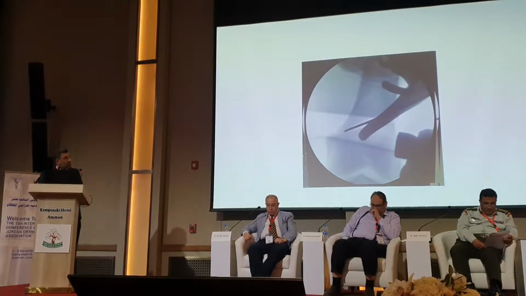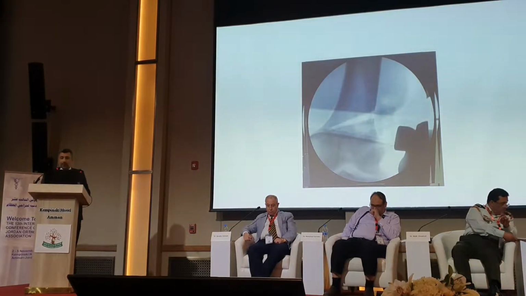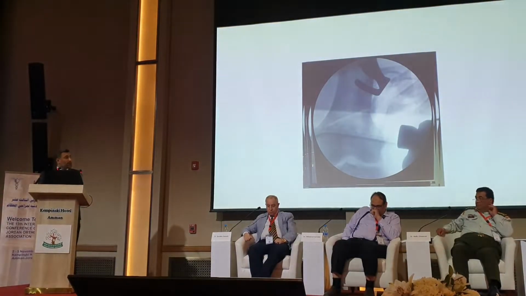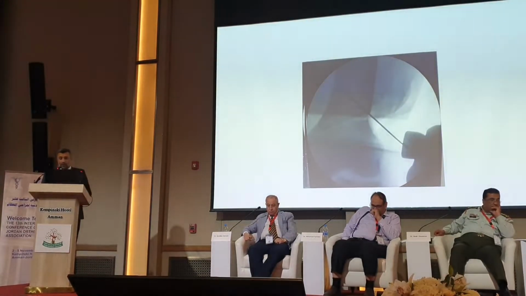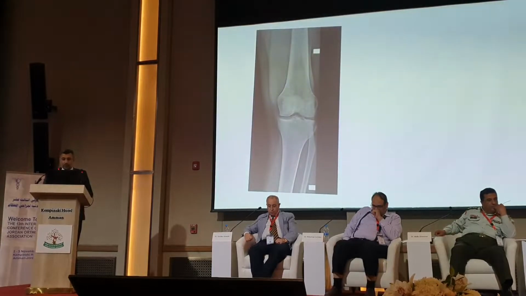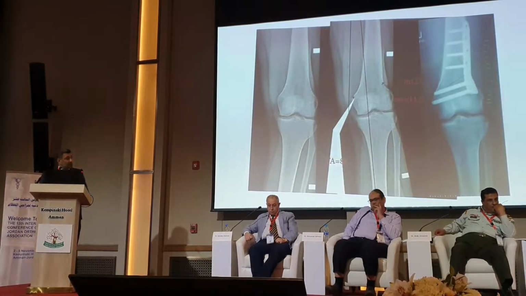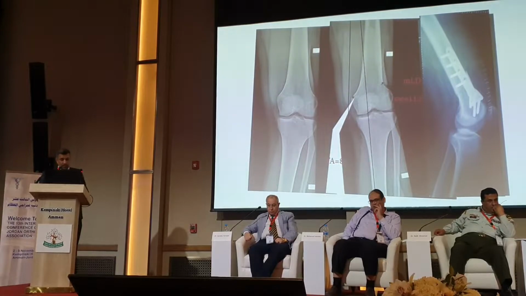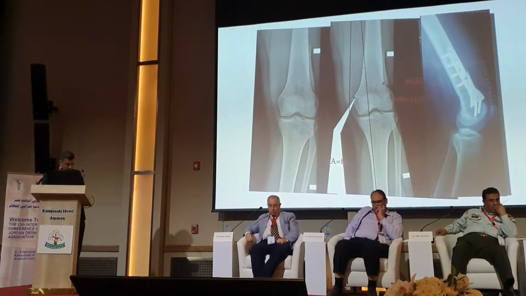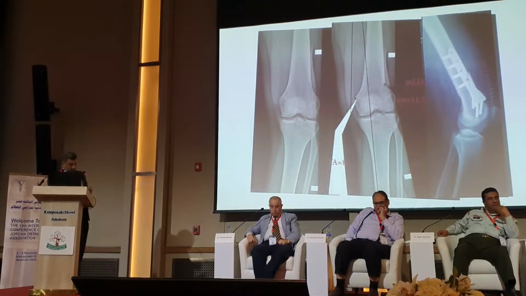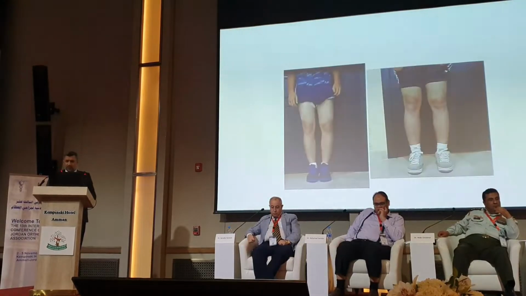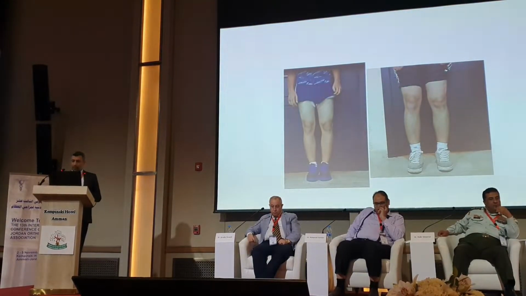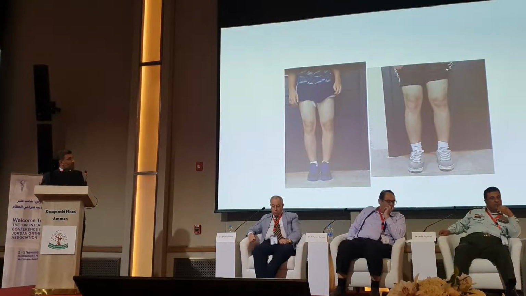If it is thick, you can weaken it by osteotomy, then do gradual correction of the osteotomy, and after that you can check the alignment and fix with the plate. So this is the plan and this is the result. And we do biplanar osteotomy most of the time, as you see here, and I'll talk about the benefit of biplanar osteotomy. This is before and this is after.